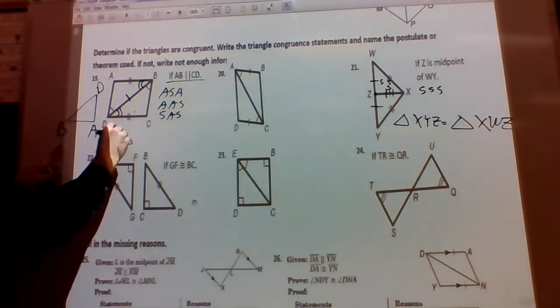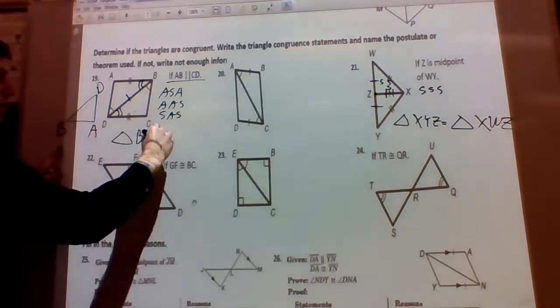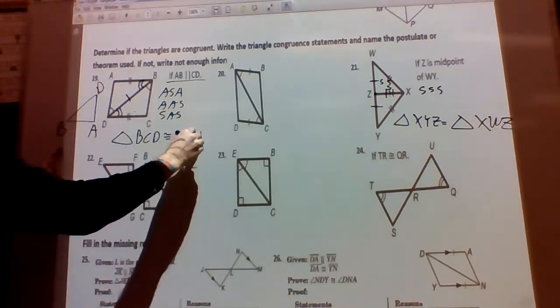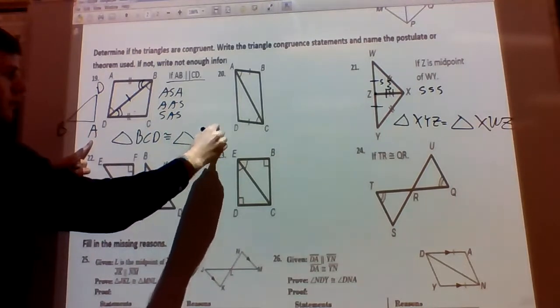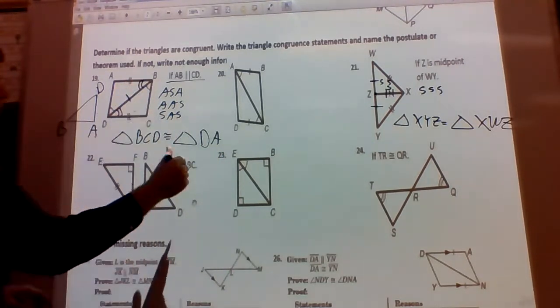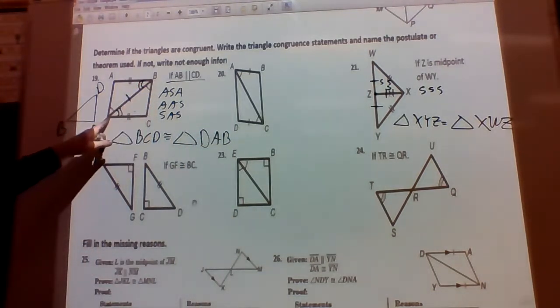So triangle BCD, what corresponds with B? It's going to be D. So C is going to be A, and then D is going to be B. Right, so BCD is congruent to triangle DAB.